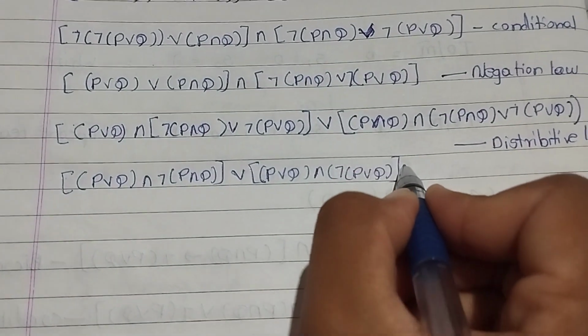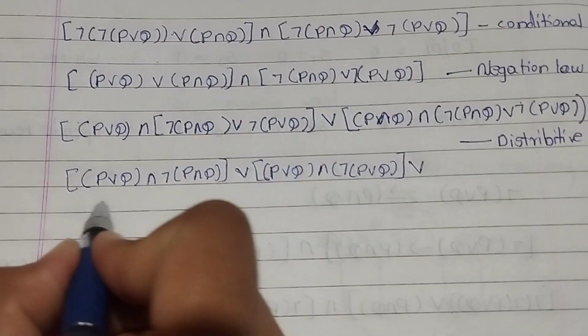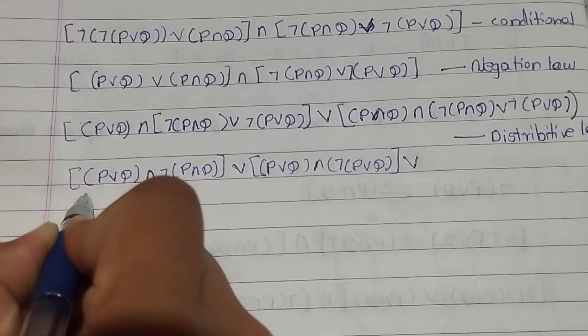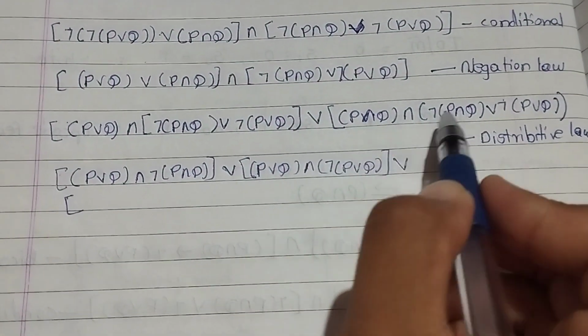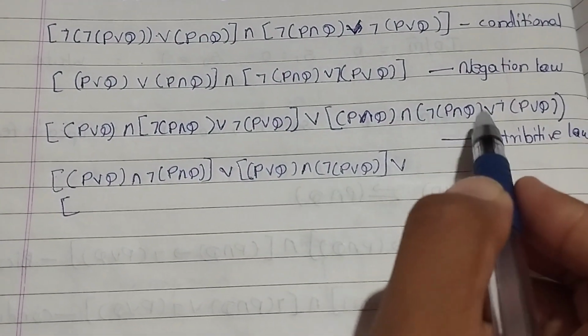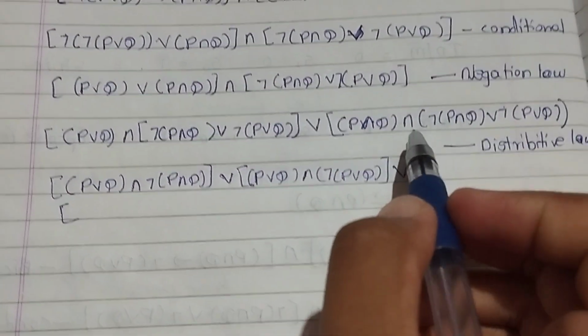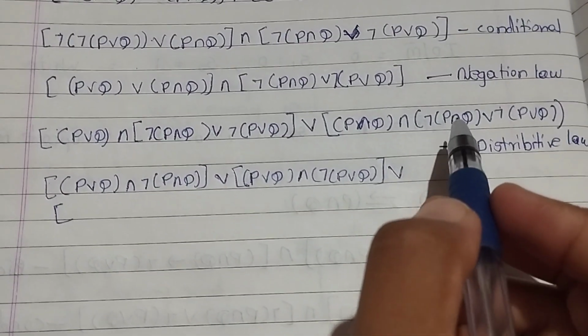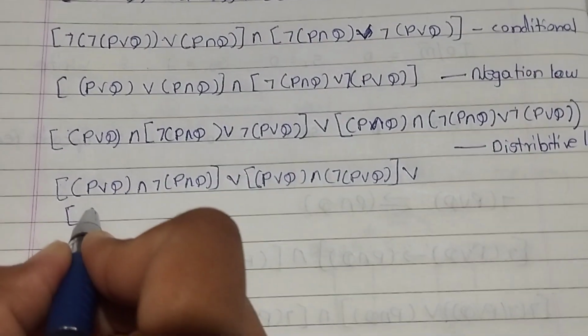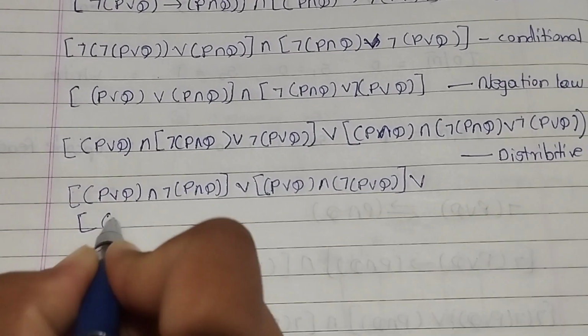And for this second equation, P and (P or Q), we assume this whole equation as P and the equation is P or Q. So how do we write using distributive law?